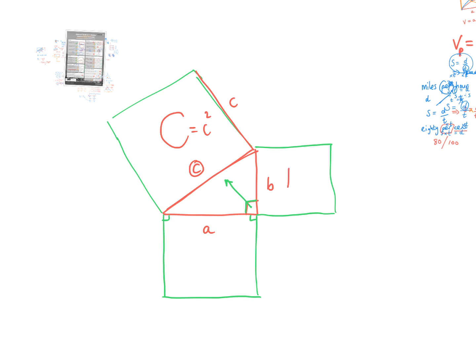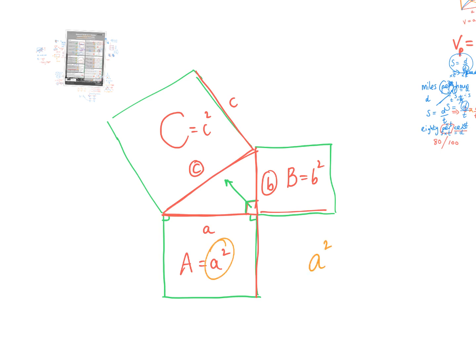We're going to call this area B, and what's that going to be? Well, it's going to be B times B, and that's just going to be B squared. And then this area here is just going to be A by A, so this is going to be A squared. And the thing about Pythagoras that's really nice is that the 2 smaller squares, the 2 smaller areas, always make the bigger one. So what's the area of the 2 smaller ones?